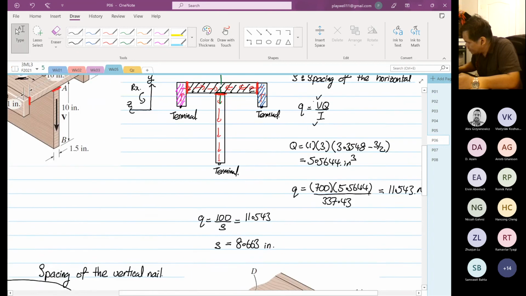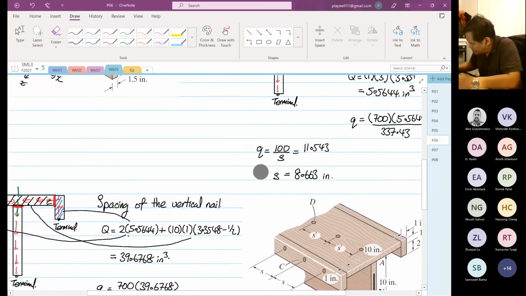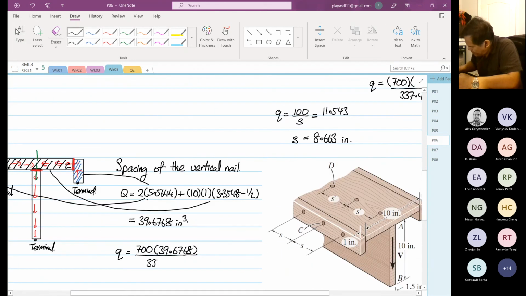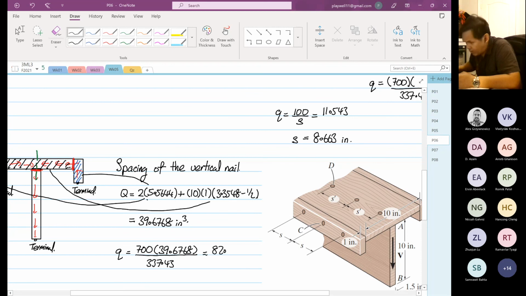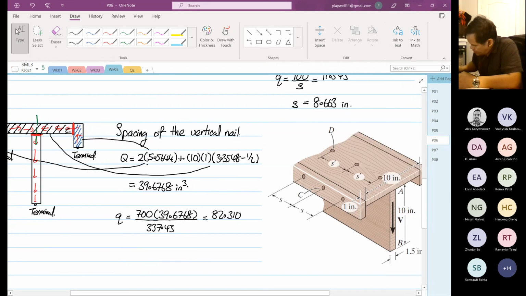Short-term memory is really bad. I is 337.43. So this is 700 times 39.6768 divided by 337.43, which is 82.310 Newton per meter.